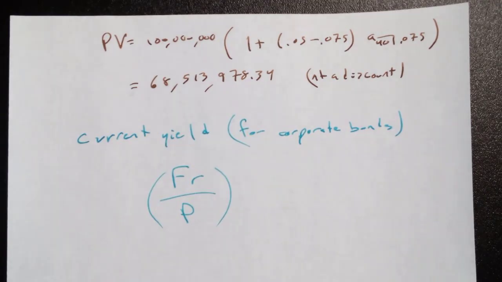So it turns out that there's a concrete relationship between the way our price and our face value are related, parallel to the yield rate versus the coupon rate.